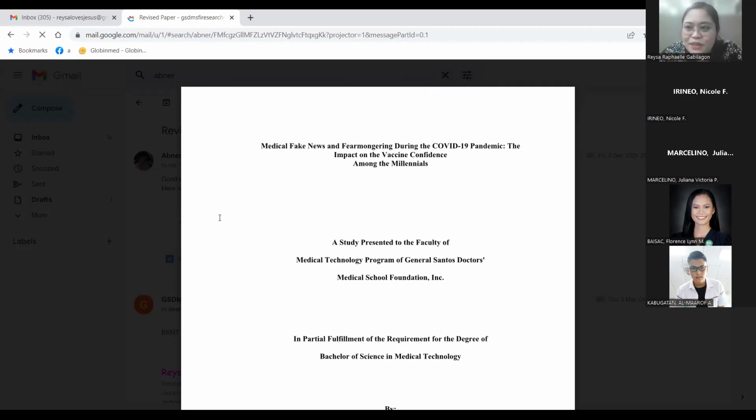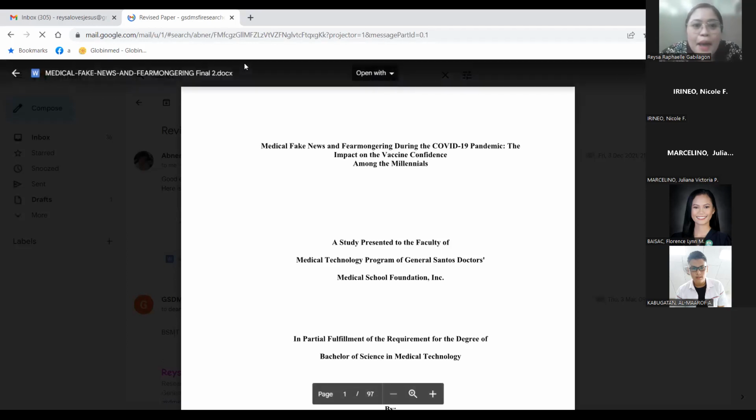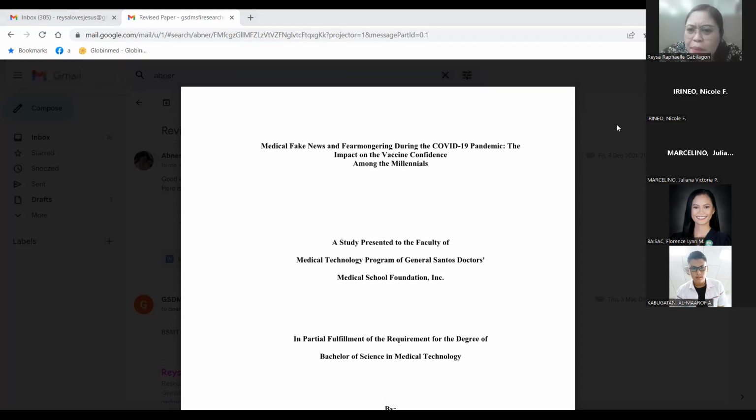Sige, first question, what do you think is the independent variable here sa title nila? Medical fake news and fear-mongering during the COVID-19 pandemic. The impact on the vaccine confidence among the millennials. Yun kaya dyan yung independent variable, the predictor variable, the one that we can control in the study.